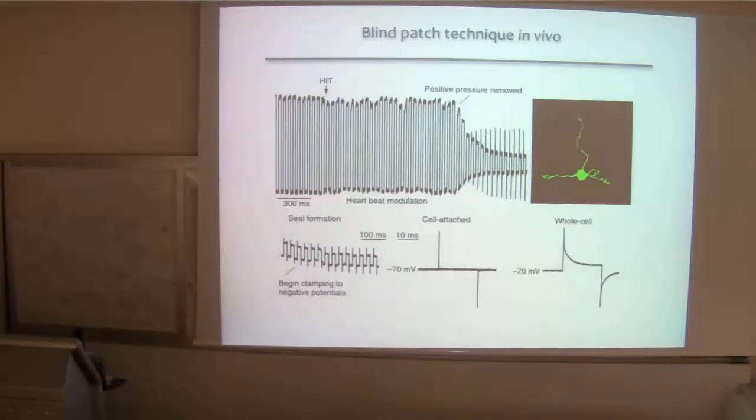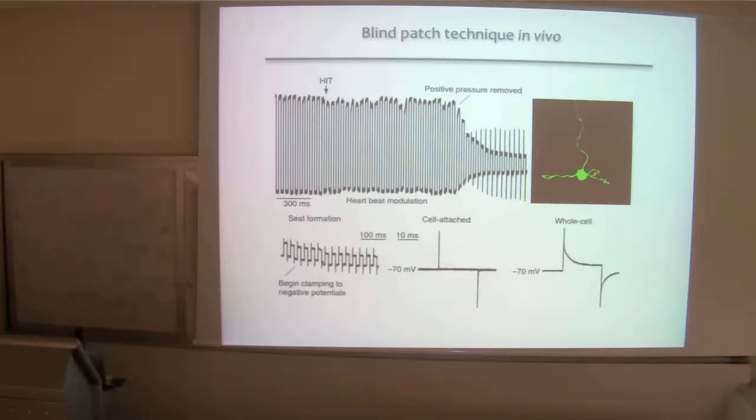It's not super easy to do, but if you focus on the protocol and the way that you're actually doing it, you can get anywhere between 60 and 80% recovery rates. For the motor cortex work I'm going to be showing later this afternoon, we're at about 80% recovery rates, because we really need to know. And it's an interesting point as well, because when you start pushing a big bit of glass into the brain, the brain to a certain extent moves with the glass.